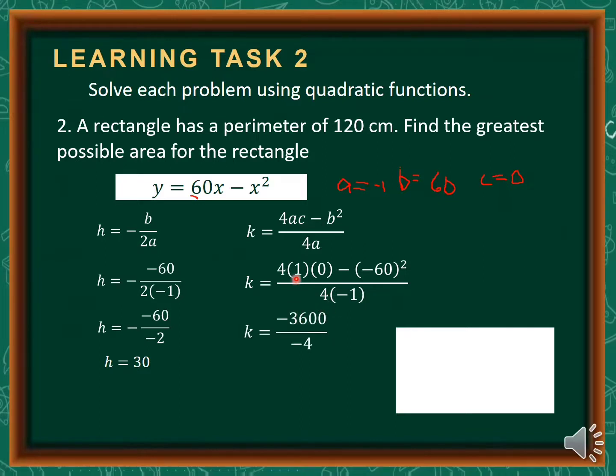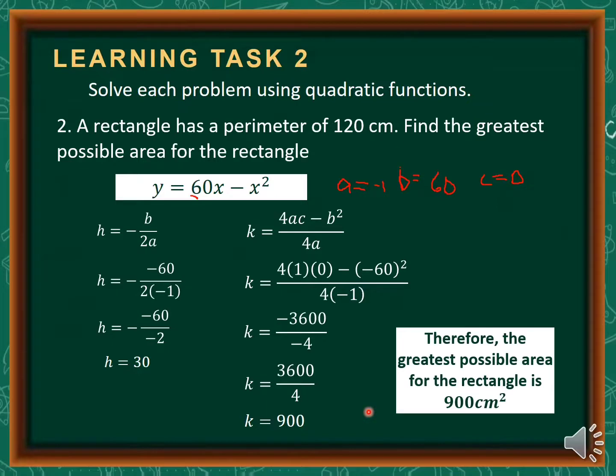So, 0 minus, what is 60 squared? 3,600. Correct. 4 times negative 1, negative 4. And negative times negative, we have positive, and 3,600 divided by 4, we have 900. So, therefore, we can say that the greatest possible area for the rectangle is 900 square centimeters.